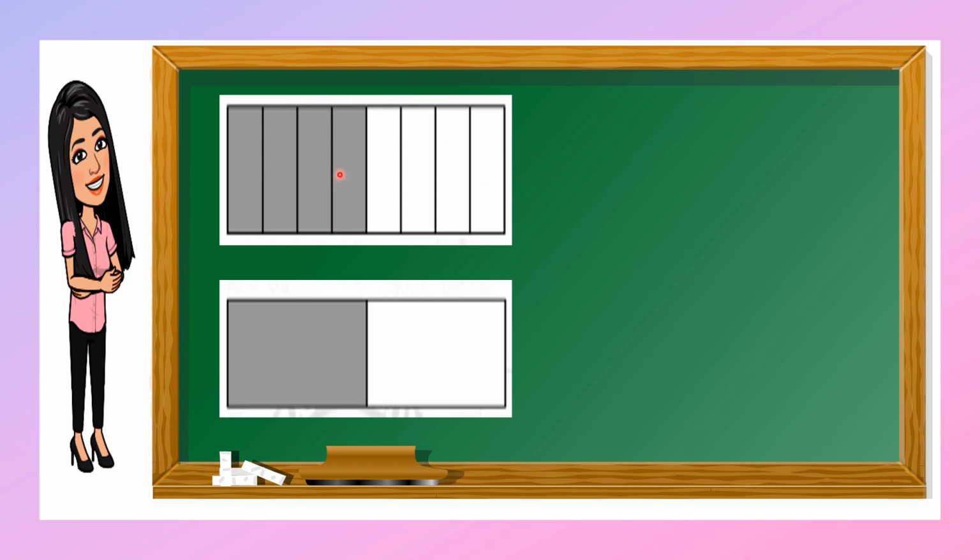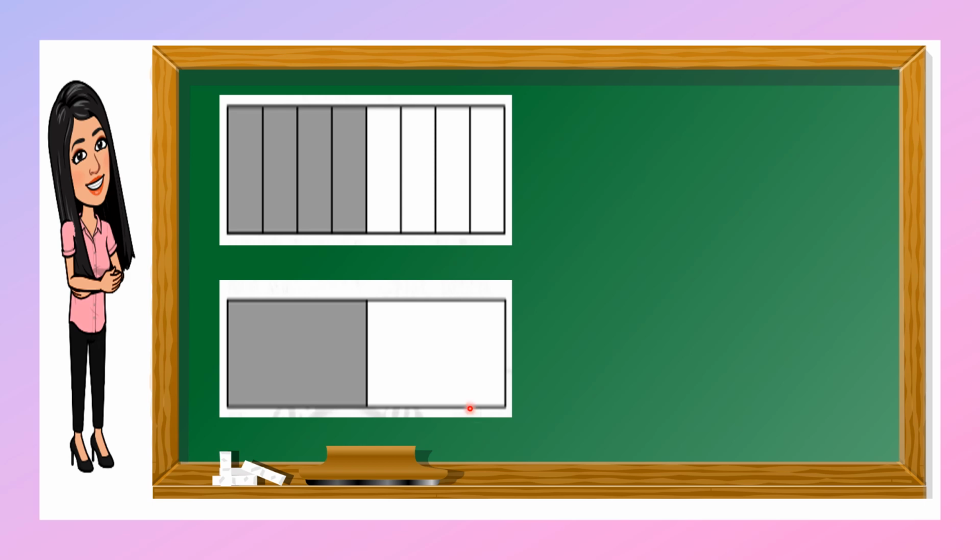And the shaded part is 4. So meaning it is 4 eighths. So it is 4 eighths, the first figure. And the second figure, this one, is a whole that is divided into 2 equal parts.